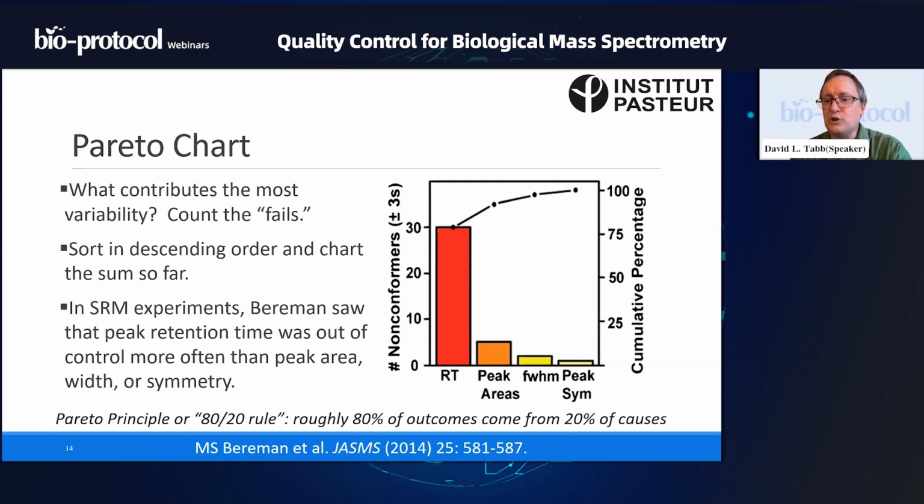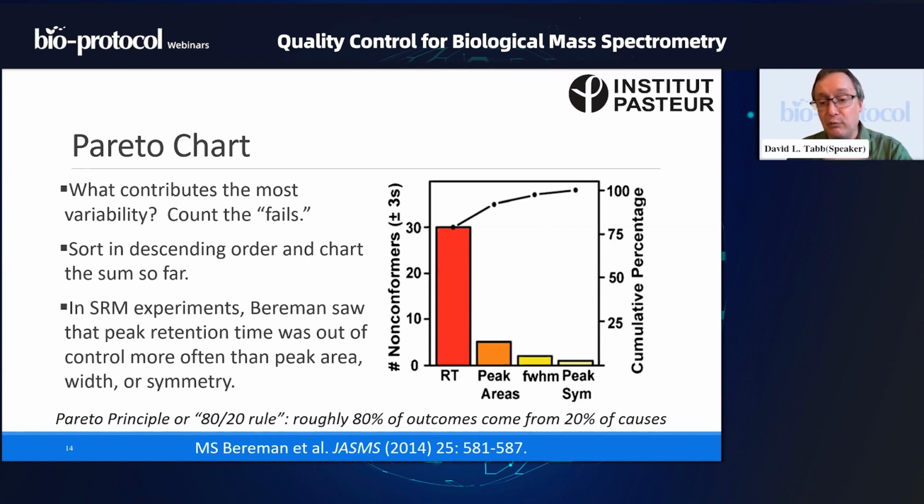In this case, we're trying to ask what fraction of all errors have we accounted for when we include just retention time, and of course it's the same as the height of the bar. When we add retention time to peak areas, we see that that rises a little bit. When we add retention time, peak areas, full width at half max, we have even a bit more rise to it. And finally, what happens when we take all 4 of these cases into account? Now we've accounted for 100% of our error.